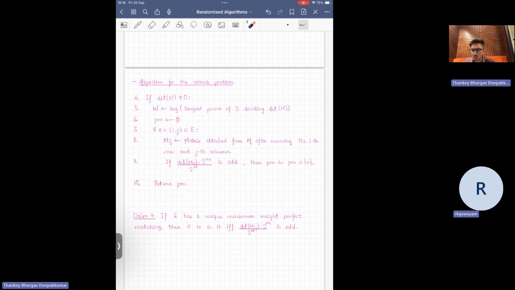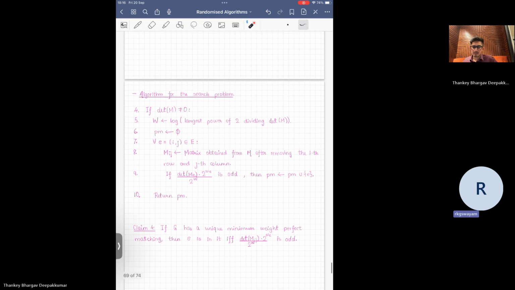If I remove the ith row and the jth column from the adjacency matrix, what am I doing? So basically, we are removing that connectivity.